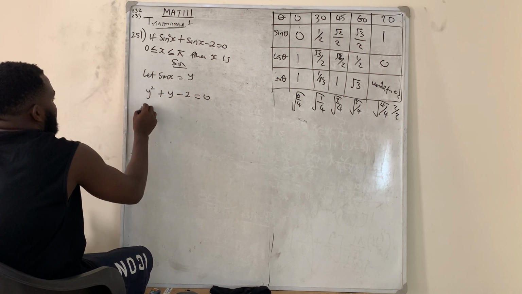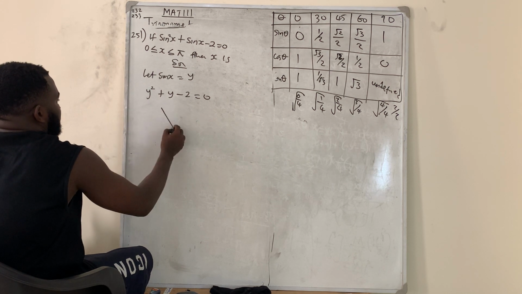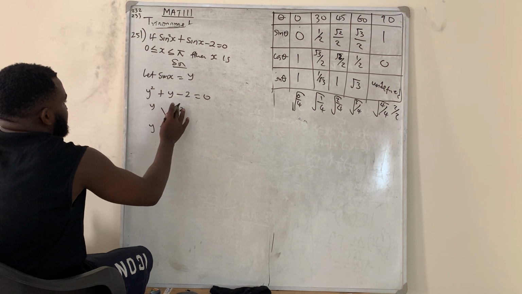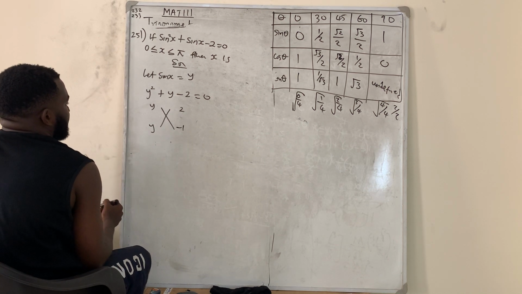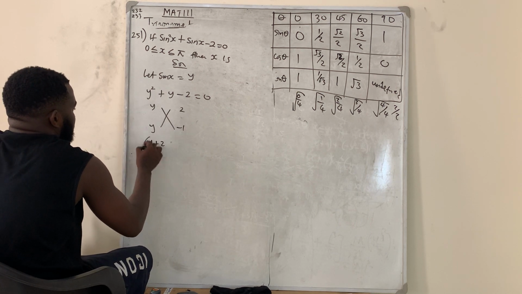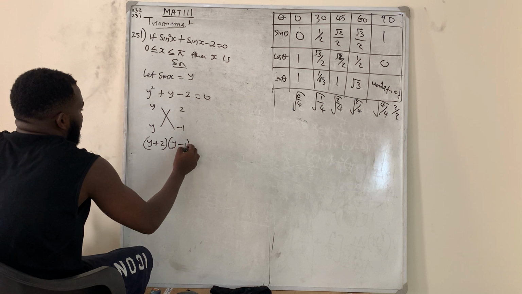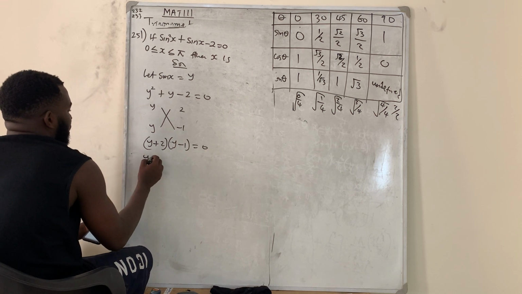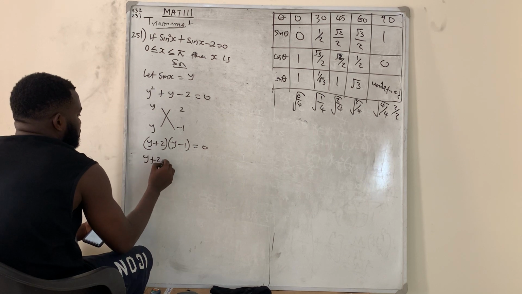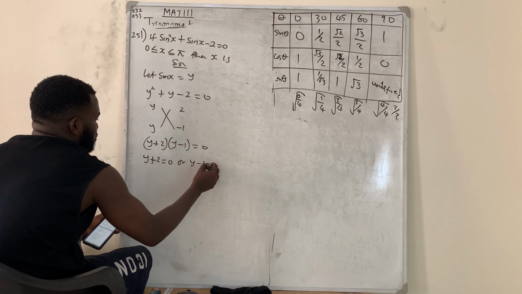So if you factorize, let me use this method so that it will be easy. 2 and minus 1. If you check, you're going to get this. So I have y plus 2 and y minus 1 is equal to 0. So y plus 2 is 0 or y minus 1 is 0.